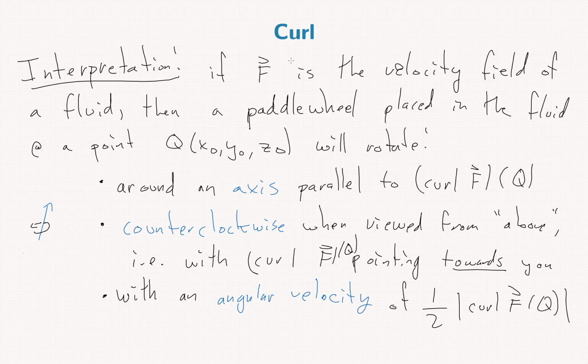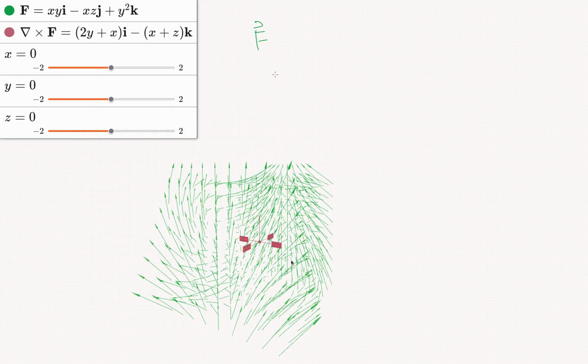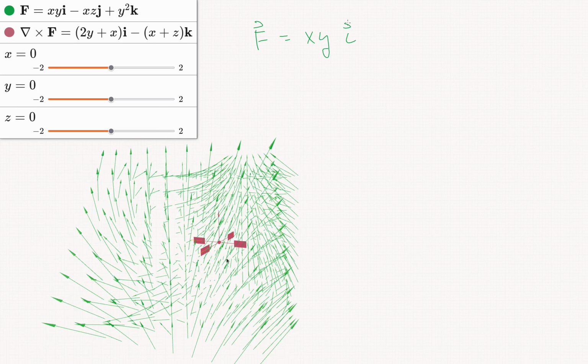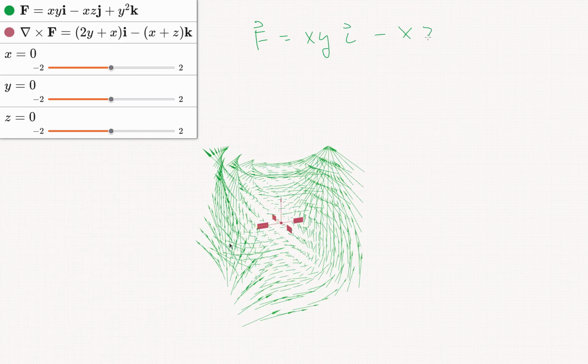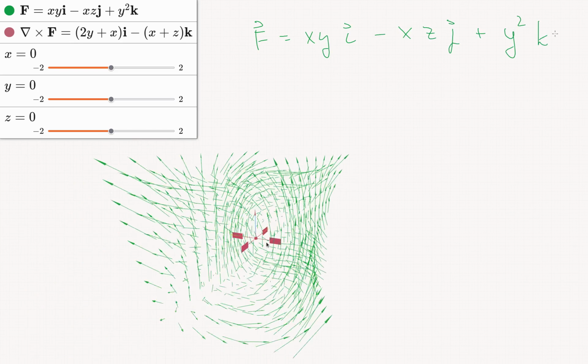So we'll, again, justify this interpretation in a later video, but I just wanted to state it now. So let's do an example. Here we've got the vector field F = xy i minus xz j plus y squared k.